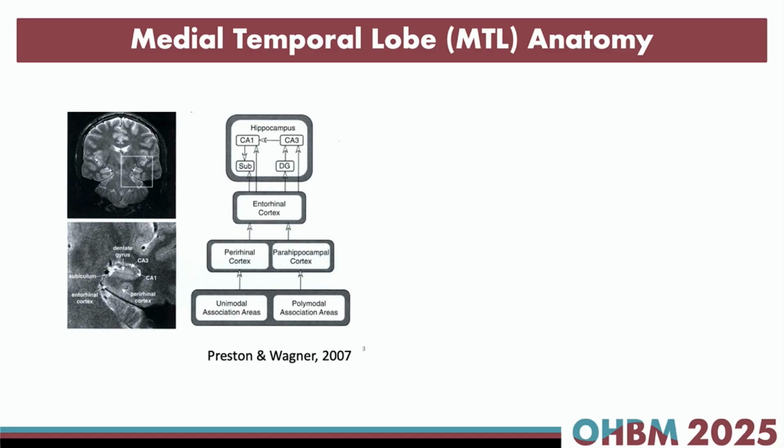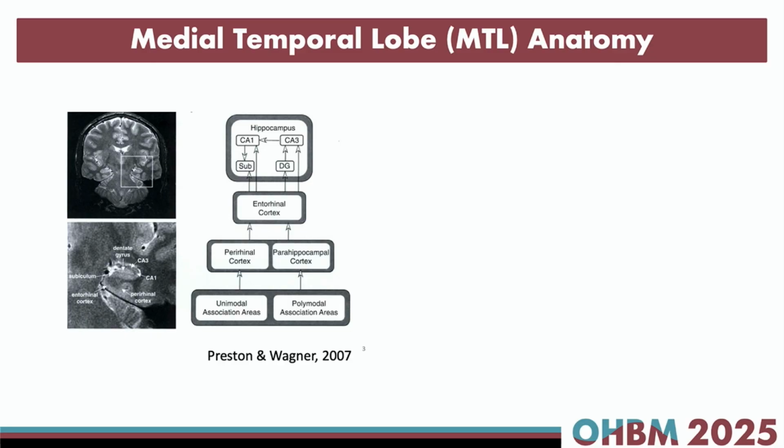The medial temporal lobe has two major subdivisions. One is the hippocampus, and the other is the medial temporal lobe cortex. The hippocampus itself also has subregions within, which we usually think of as CA1, CA2, CA3, subiculum, and dentate gyrus. And the medial temporal lobe cortex contains entorhinal cortex, perirhinal cortex, and parahippocampal cortex.